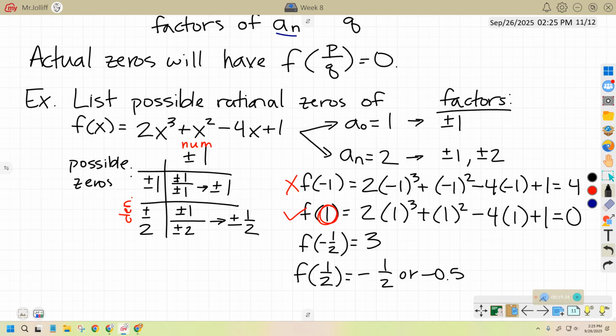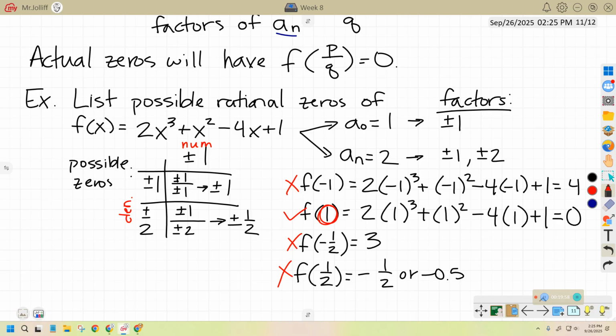Yeah. Good. Are either of these two zeros? No, because they're giving me remainders. Frowny face. So I know that my polynomial has one real zero at x equals 1, and it has 2 complex or imaginary zeros somewhere else.